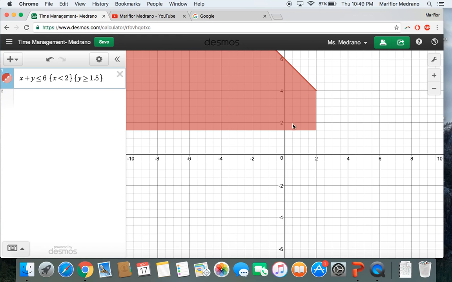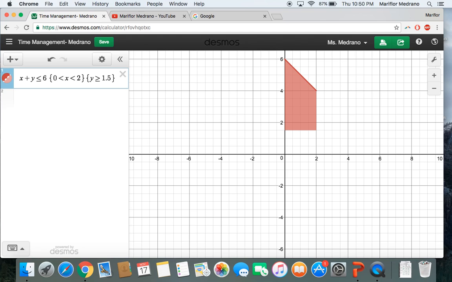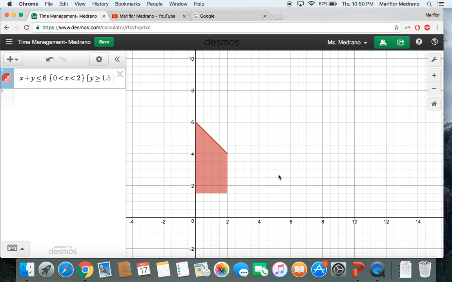We only care about this first quadrant right now. So to get rid of that, I'm going to write in that X can only be between 0 and 2. And so now we have this. This is, if you remember, the overlapping areas of all three constraints.